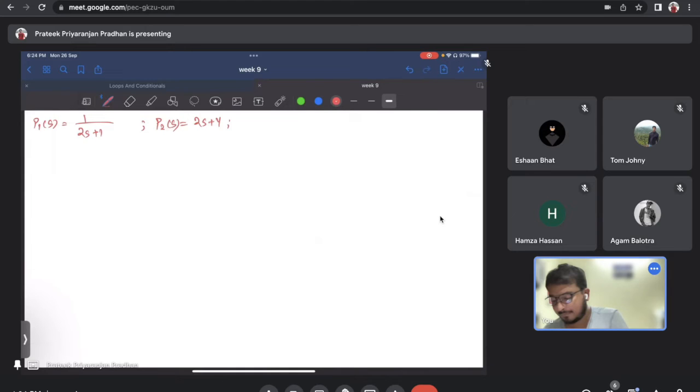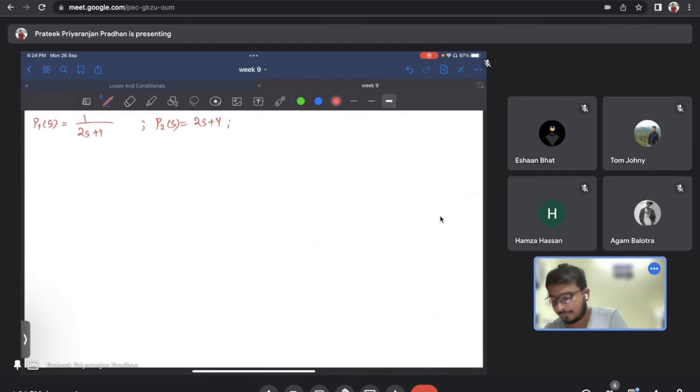Okay, clear, simple. For the second, P2 of j omega is 2 j omega plus 4. That means the angle will be plus tan inverse of 2 omega divided by 4.